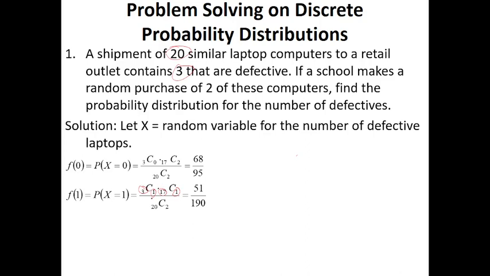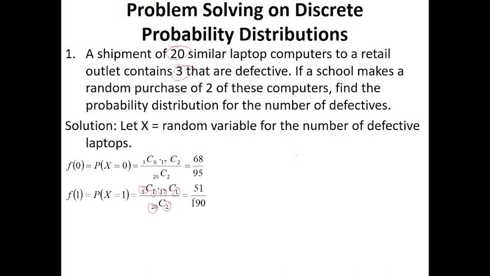It's a must that there should be one laptop that is defective and another laptop that is good. Okay, a total of two laptop computers to be selected. Okay, and then we divide it by the total number of laptop computers, the combination of 20 laptop computers taken 2 at a time.